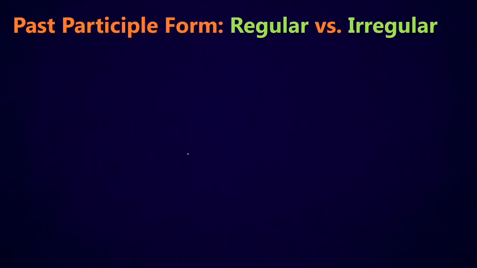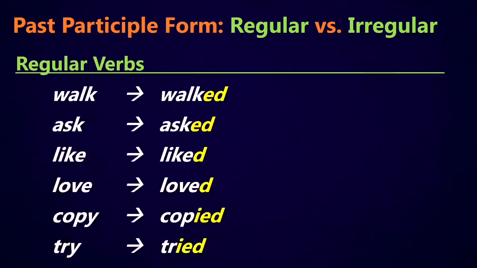Now let's look at the main verb. Like I said, the main verb could be tricky because we're using the past participle form of the main verb. Now, just like with the past simple, we've got regular verbs and irregular verbs. So the regular verbs for the past participle will simply use either the D or the ED ending or the IED ending, just like the past simple.